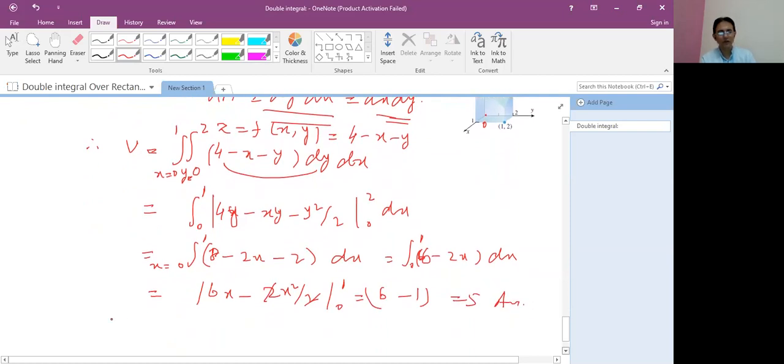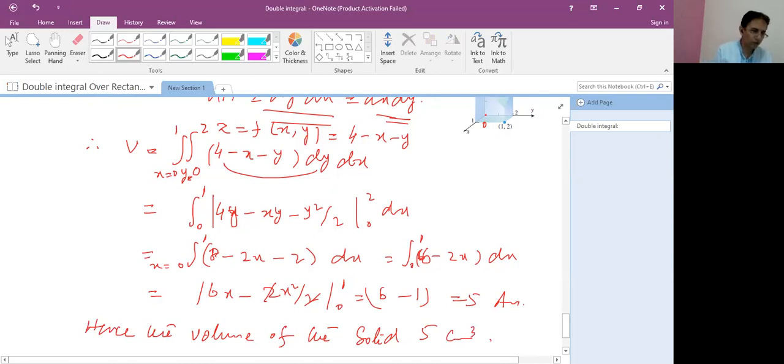So the volume of the solid, if you write the answer in this way, is 5 cm cubed, because the unit of volume is cm cubed.